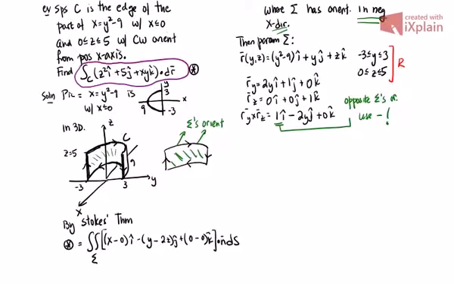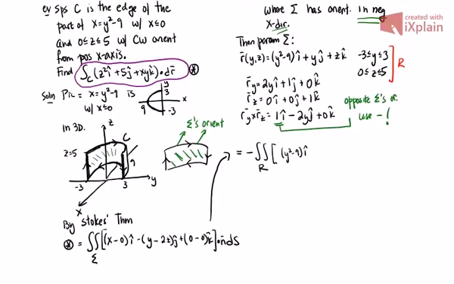So when we do this, we get the next step of the integral. This becomes minus the integral over R. Now whenever I see an x, I have to put in the i component of our parameterization. So I have x i, and this becomes y squared minus 9 i.